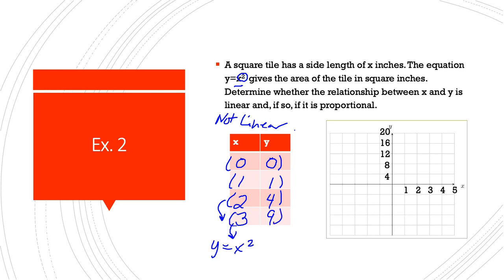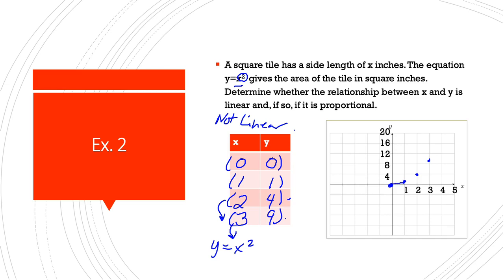Okay, so our first point was 0, 0. Our second point was 1, 1, which is going to be right about here because my y coordinate is going up by 4s. My third coordinate is 2, 4. And my last coordinate is 3, 9. Okay, which is going to be right up in here.